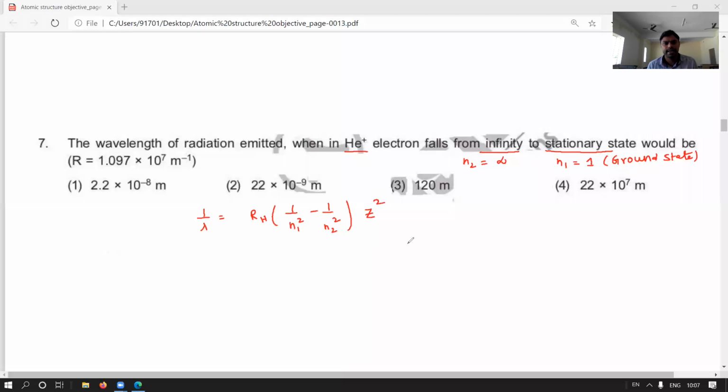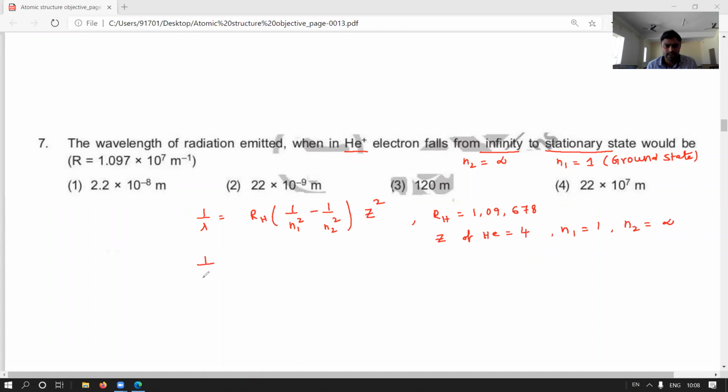So here n1 is very clear, 1, n2 is equal to infinity. RH value is 1,09,678. Next, Z for helium is equal to 2. And n1 is equal to 1, n2 is equal to infinite state.